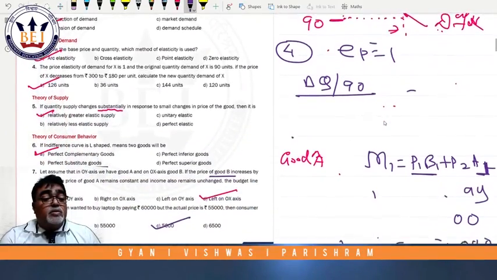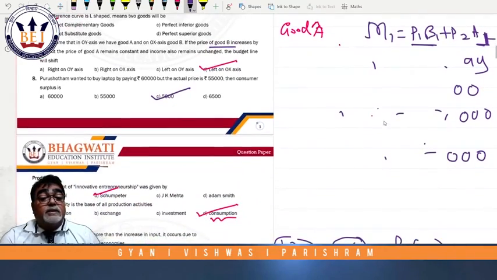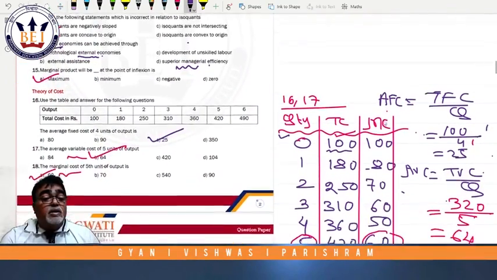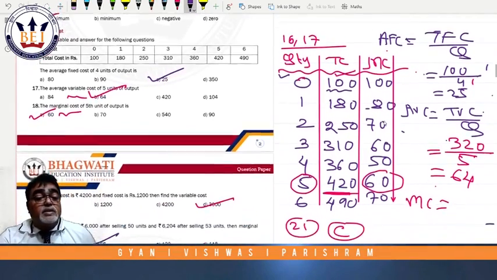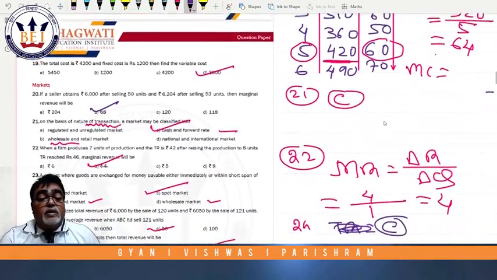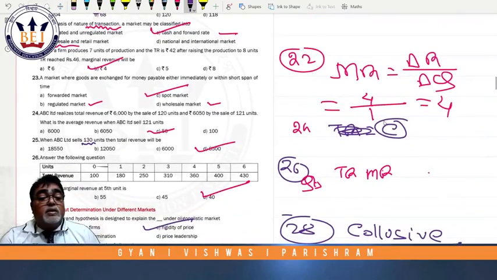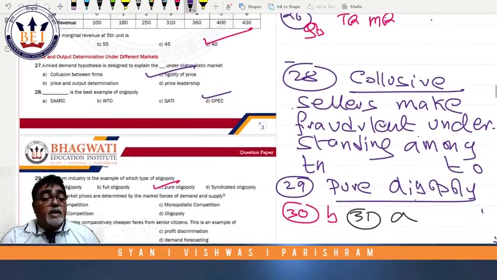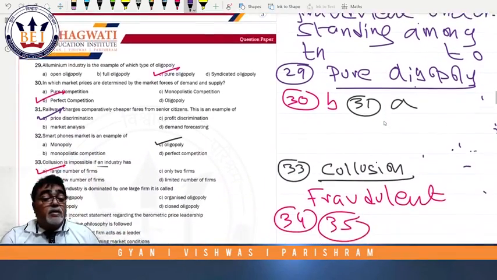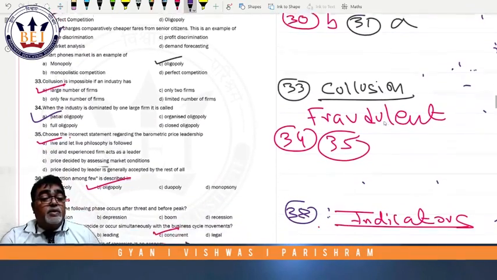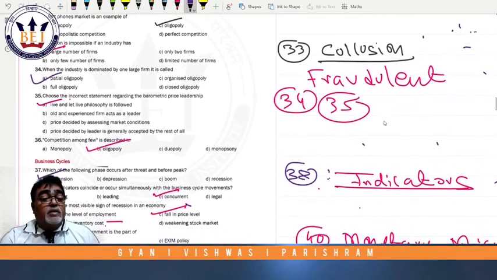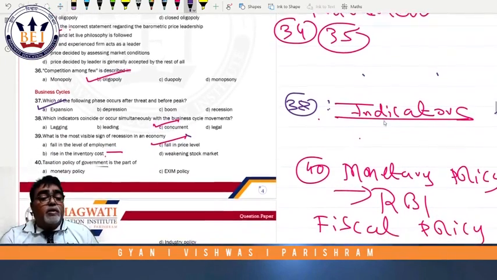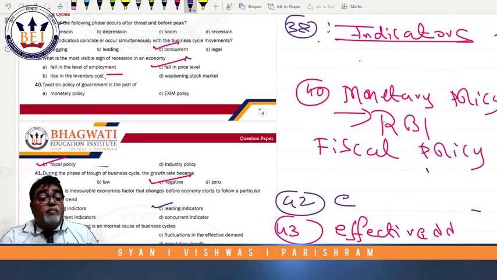Question 1, 2, 3, 4, 5, 6, 7, 8, 9, 10, 11, 12, 13, 14, 15, 16 table given, 17 given, 18 given, 19, 20 mathematical, this was 21 explained, 22, 23, 24, answer given, 26, rigidity explained, opaque definition given, pure oligopoly, perfect competition figures given, railways also figures given, third degree, smartphones, elusive oligopoly impossible, 34, 35, competition, oligopoly, business cycle, lovely questions they are given.